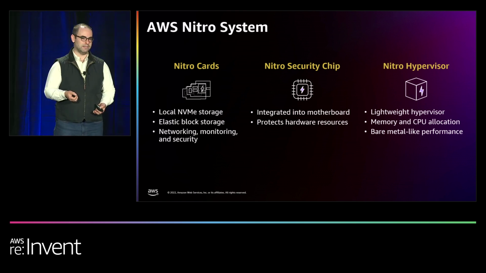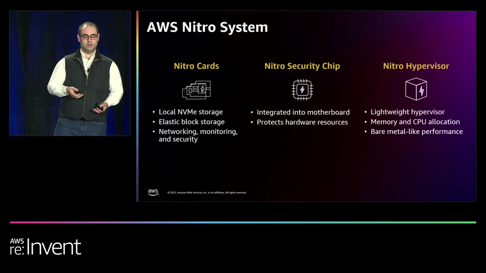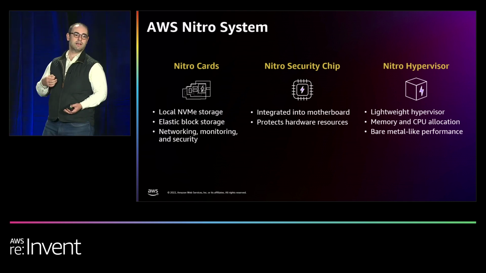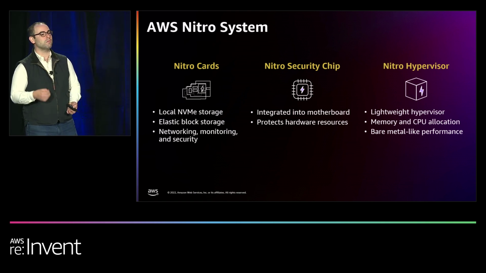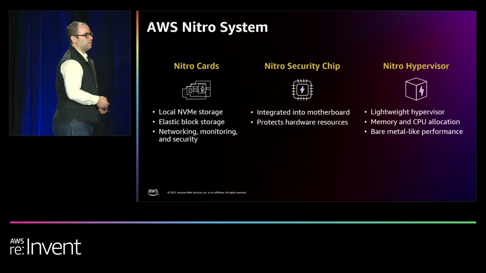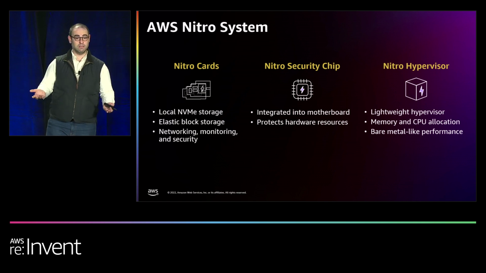Lastly is the Nitro hypervisor. I mentioned the hypervisor a bit earlier. This is a very, very lightweight hypervisor. We have intentionally removed all of the features that do not need to be there. There is no file system. There is no shell. Right?